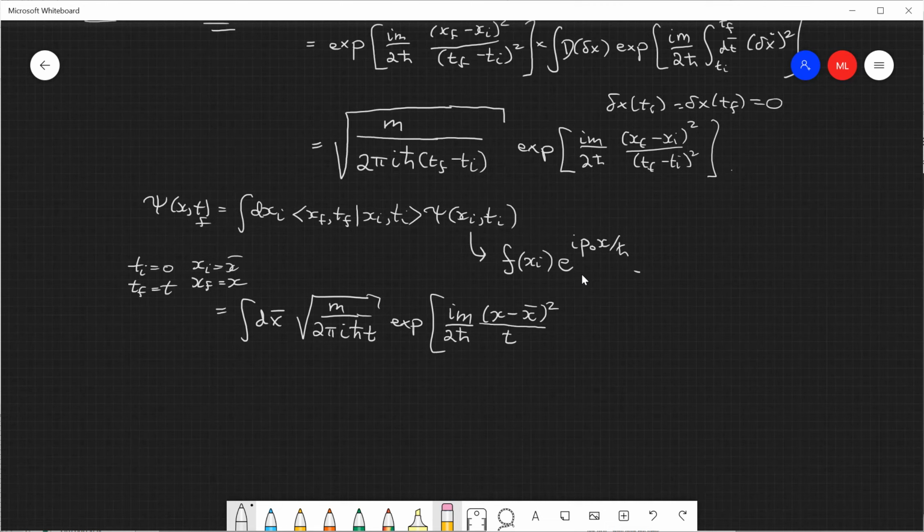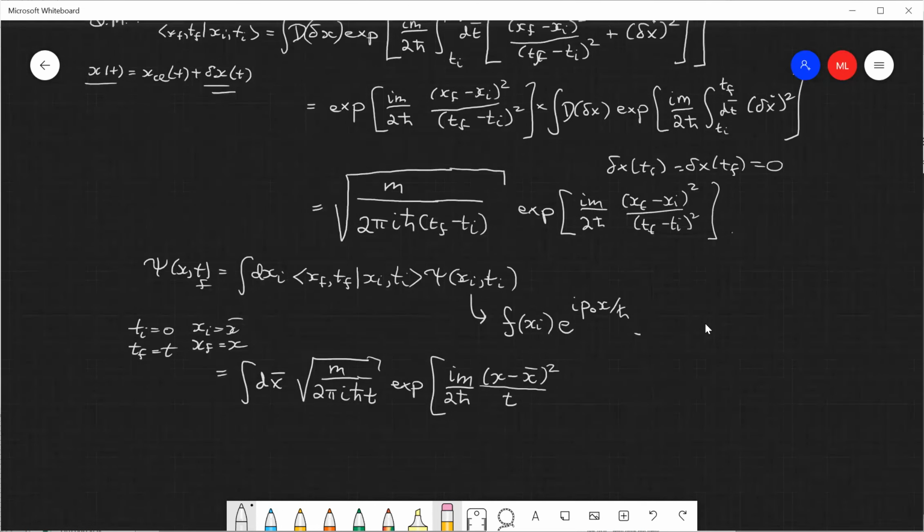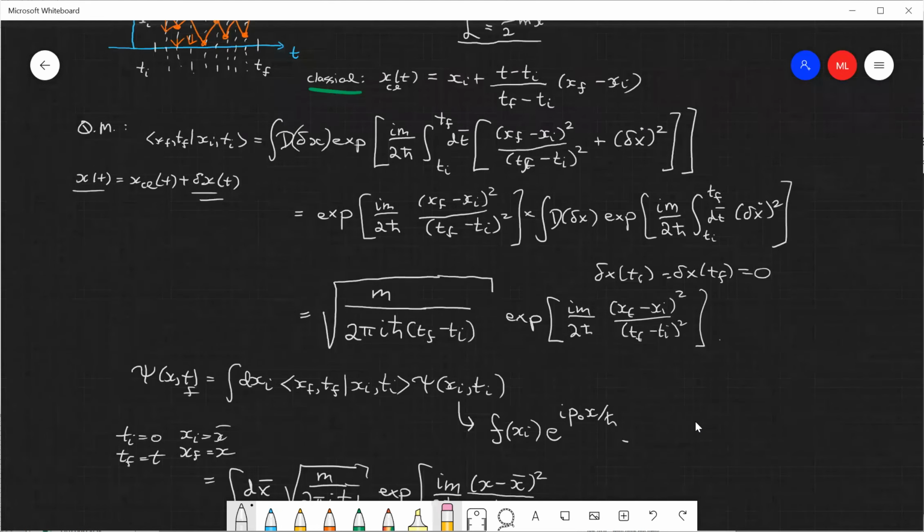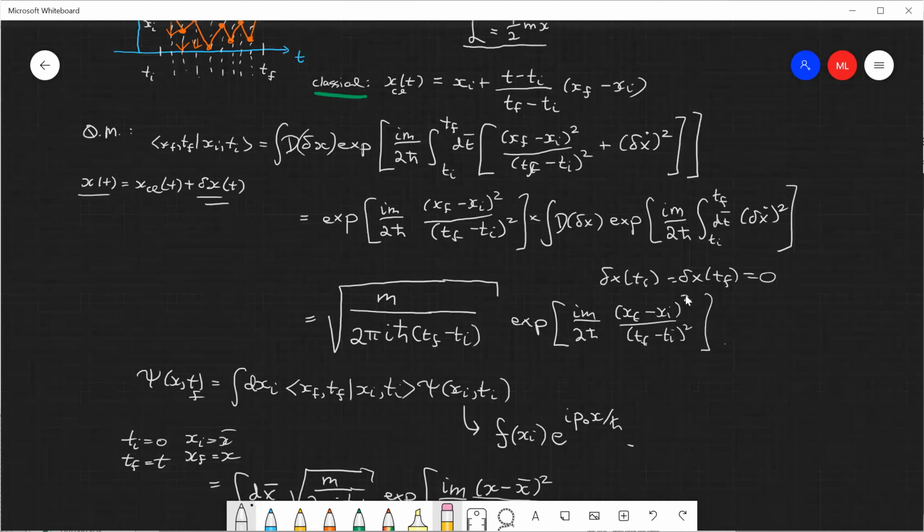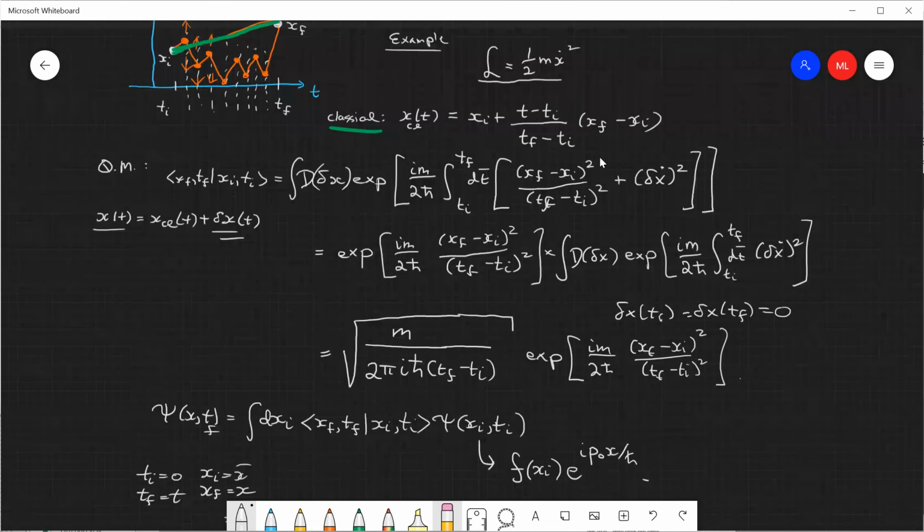I think I'm actually missing something. Let's see. I think I'm off a little bit, right? Yeah, I'm off here. The classical path is... I'm missing a factor. Yeah, I didn't do this integral, right? Once I do this integral, I get this constant multiplied by t_f minus t_i, the range of integration.